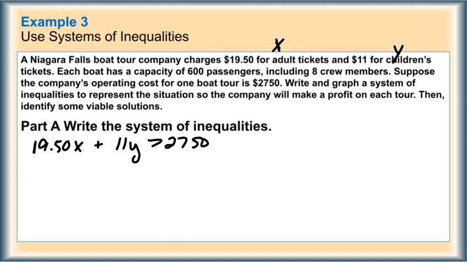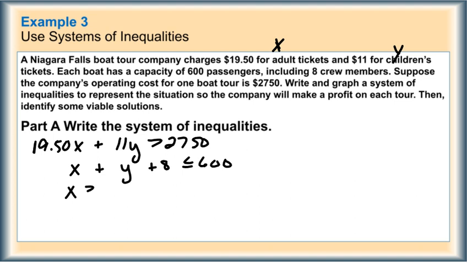The next part, we know we have X adults plus Y children plus 8 crew members. This has to be less than or equal to 600 because there can only be a capacity of 600 passengers. And another one for adult tickets, we could have only children tickets in here.